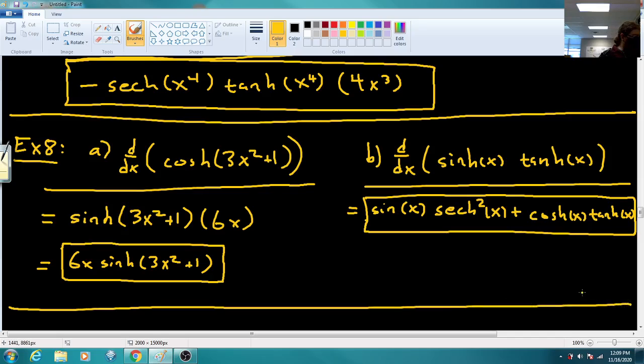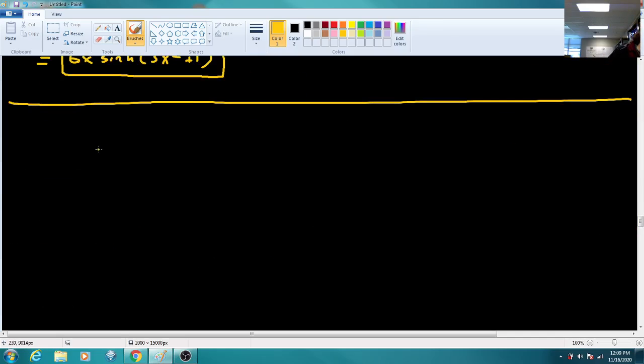Now we got one more group of problems here. This is going to be the inverse of the hyperbolic functions. So we're going to put the derivative of inverse hyperbolic sine.